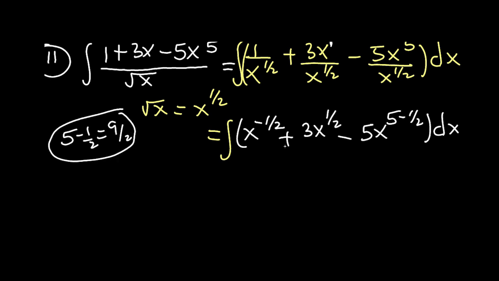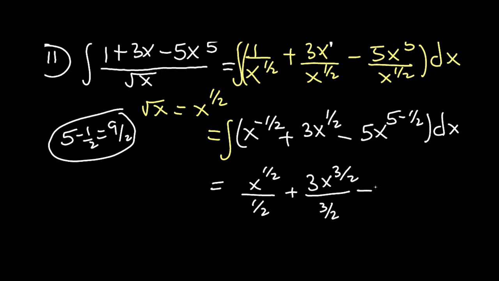So then we can begin to do the integration. Half plus 1 is x to the power half over half. Then 3, and then half plus 1 is 3 over 2, so x to the power 3 over 2 over 3 over 2.